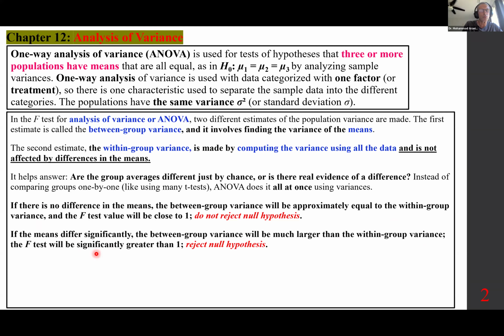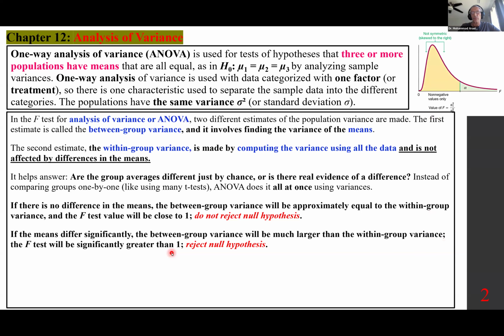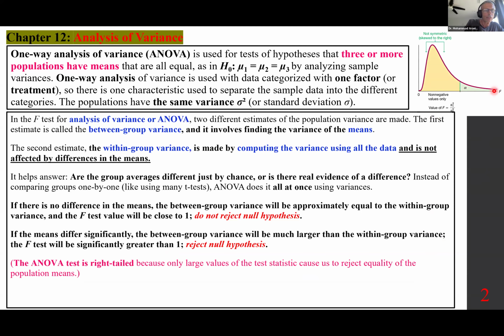The F test will be significantly greater than 1. Reject the null hypothesis. So the F test: the ANOVA test is a right tail test because only large values of the test statistic cause us to reject equality of the population means.